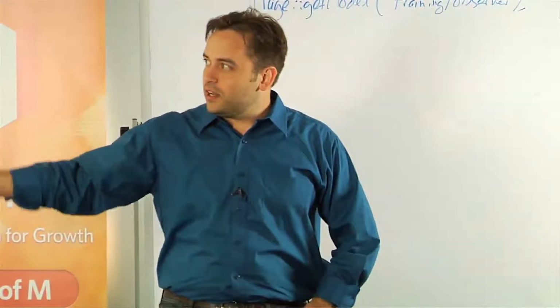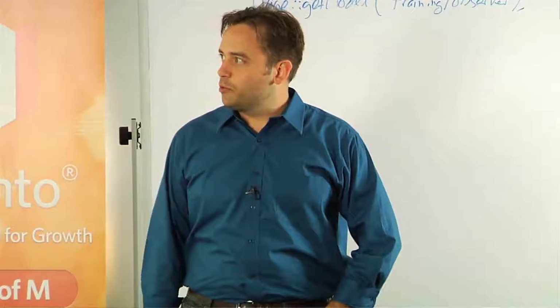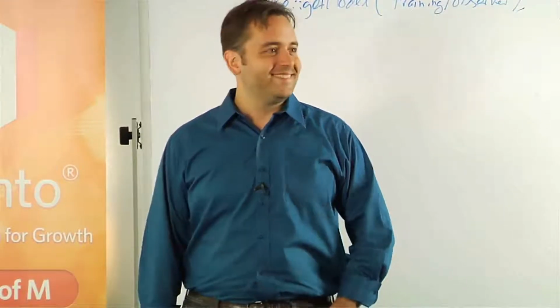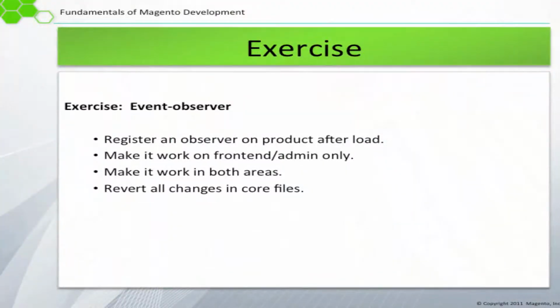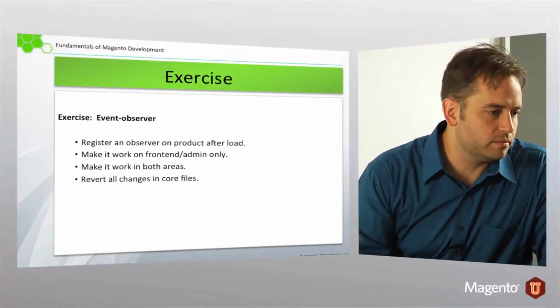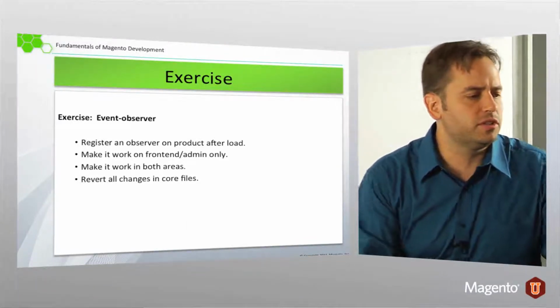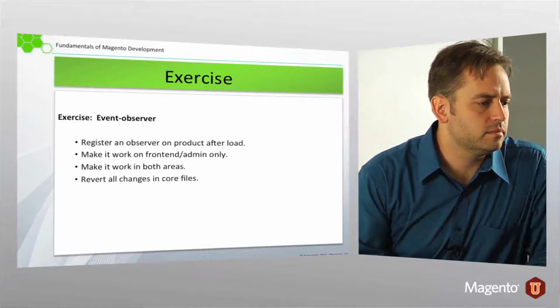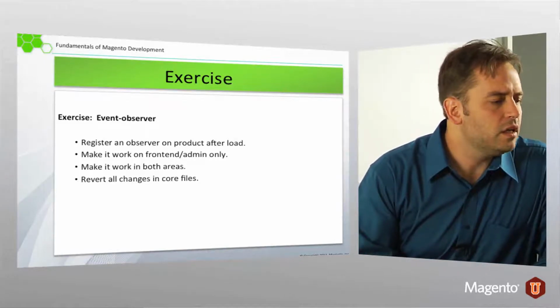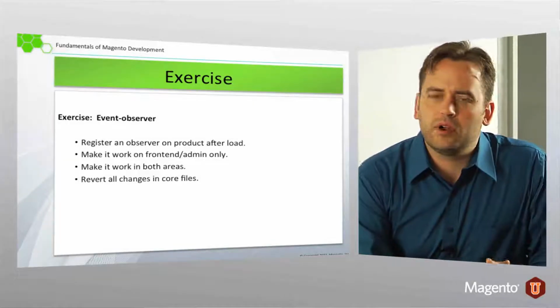Okay, let's take a walk through observers, and let's do fun stuff with them. So, hopefully we all have our custom module here. Actually, let's just walk through creating a brand new module.